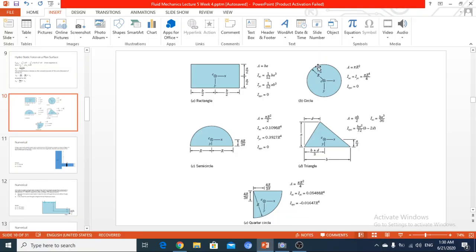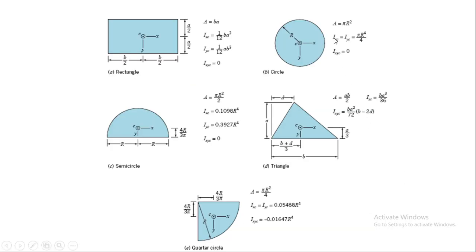So the plug has a circular passage. So Ixc is equal to pi r power 4 upon 4. So we will write this equation here on the whiteboard.